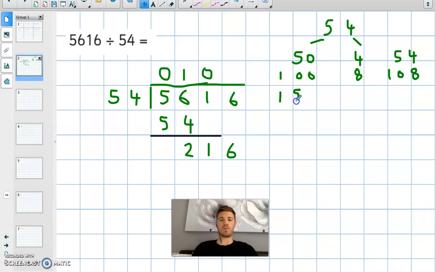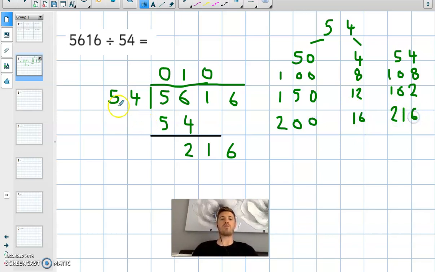Next one in the sequence is 150. 12, add them together, 162. 200. 16. Add them together, we've got 216.